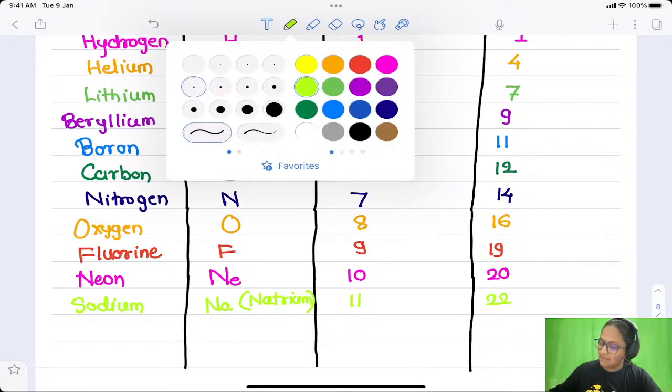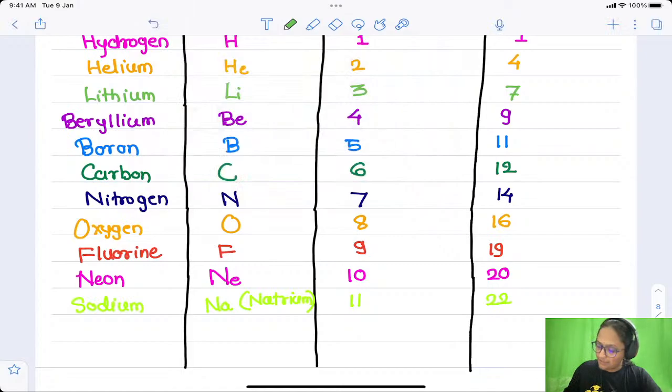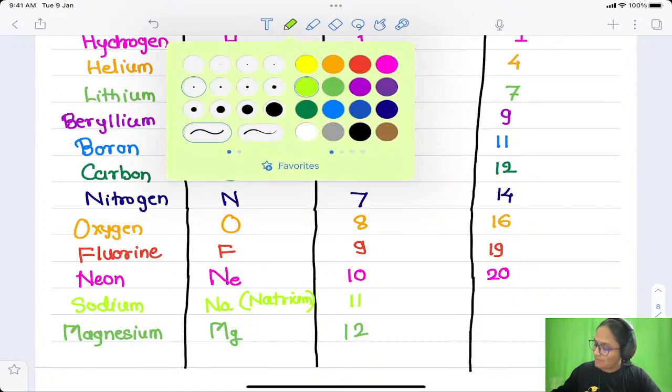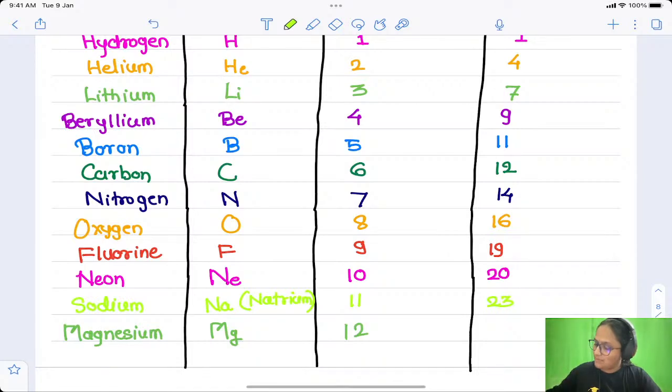Then next is magnesium. For magnesium, the symbol is Mg. Atomic number is 12, and the mass number for magnesium is 24.